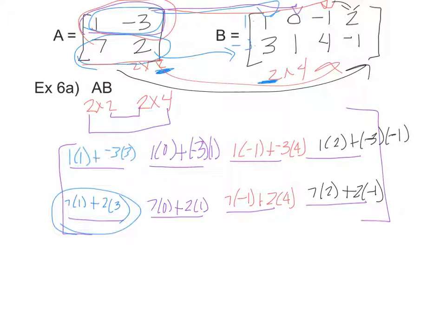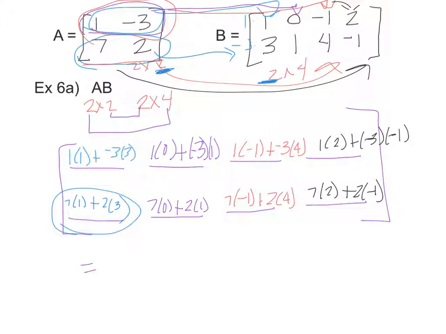Now, whenever I go to actually write the answer out, let me get the pointer. I've got 1 times 1 is 1 plus 3 times negative 3. See if I can pull off a different color here.